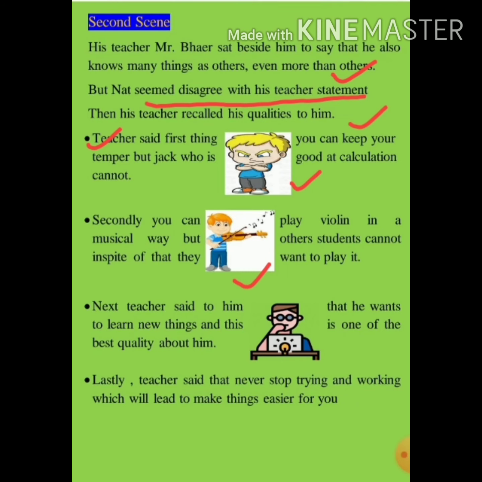In spite of that, they want to play the violin. The third one, you are very eager to learn new things, but other students are not that eager. And if you are ready to learn new things, this is the best quality of yours.